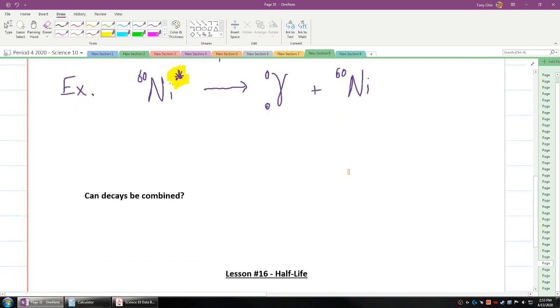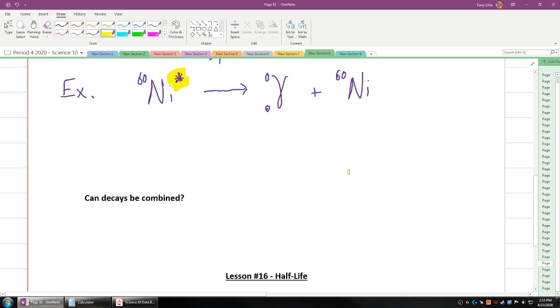Now, can decays be combined? And the answer is yes, they can. So let's show an example with, for example, uranium. Uranium-238 is a radioactive element. It has an atomic number of 92. Now let's have this uranium undergo alpha decay and gamma decay.